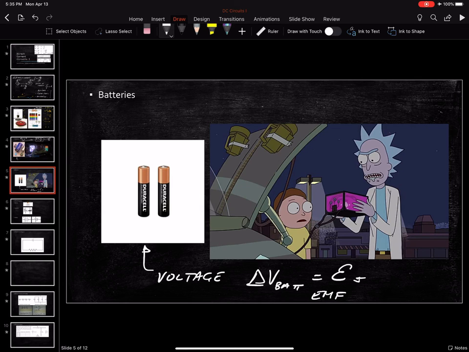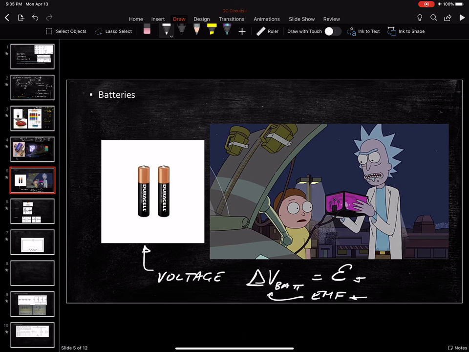People used to think that there was some kind of force pushing the charges around in there. And of course you know that there is, because there's an electric field created by this battery, and that electric field produces an electric force on the charges. But they didn't understand it at the time in these terms. And so this EMF as a voltage, remember a voltage is not a force, it's an energy per unit charge, but the name kind of stuck. And so the voltage on the battery is this E.